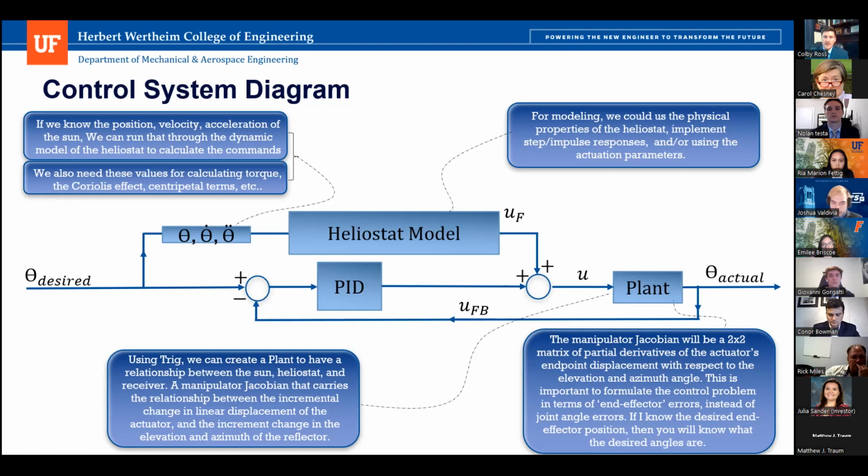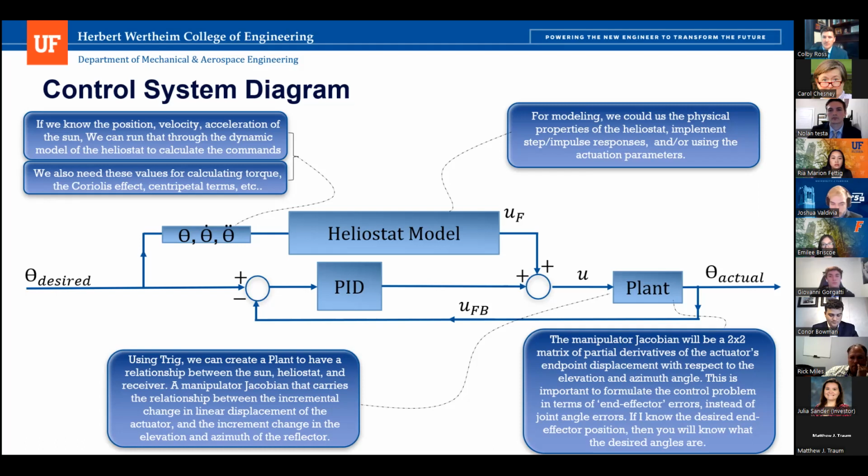So this is fed back into the PID controller gains before going into the plant, which is a manipulator Jacobian, a 2x2 matrix of partial derivatives that act as an endpoint displacement with respect to the elevation and azimuth angle.